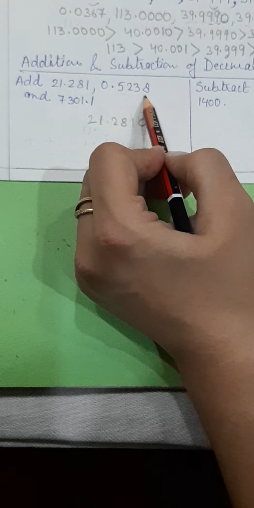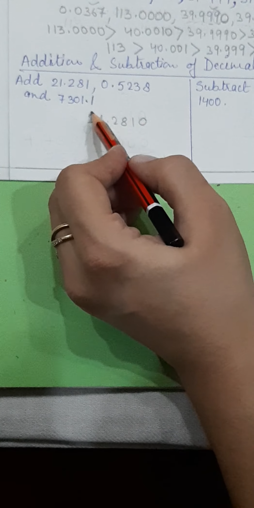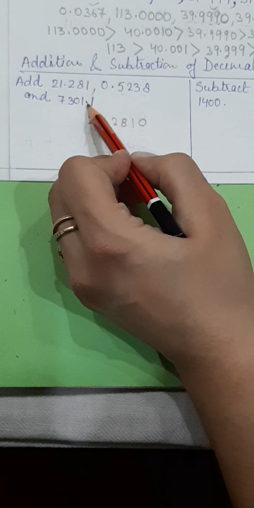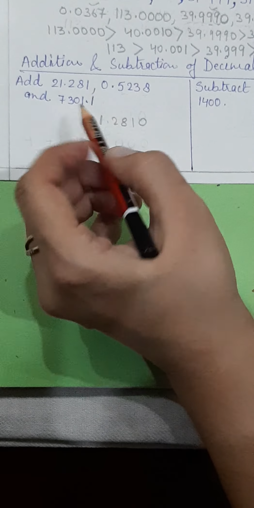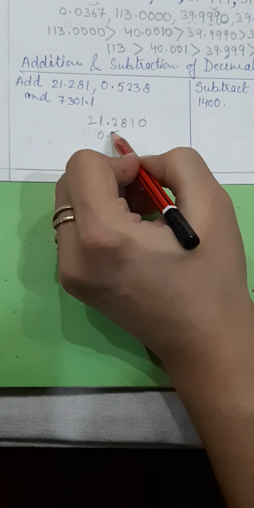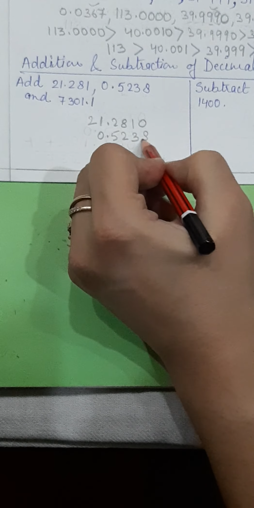21.2810, because the most decimal places is this, 4. Clear? So you have to convert all these three numbers to 4 decimal places. Next one is 0.5238.